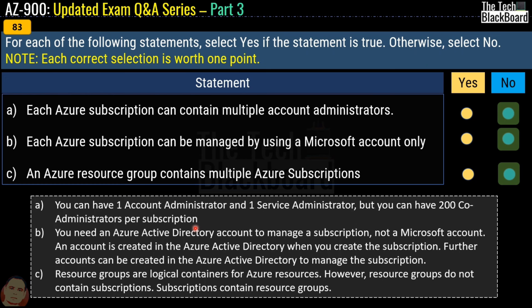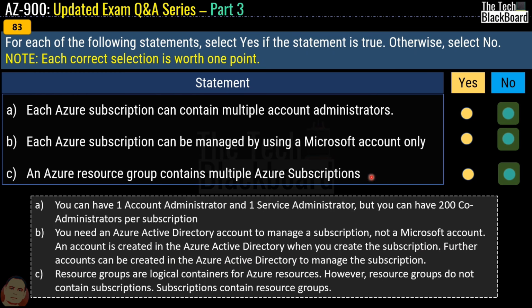Here it's important that we are talking about account administrator, which can only be one, and that's why I have chosen no for this statement. Then for the second statement, my logic is that you need an Azure Active Directory account to manage a subscription, not a Microsoft account. An account is actually created in Azure Active Directory when you create the subscription. Further, accounts can be created in Azure Active Directory to manage the subscription.